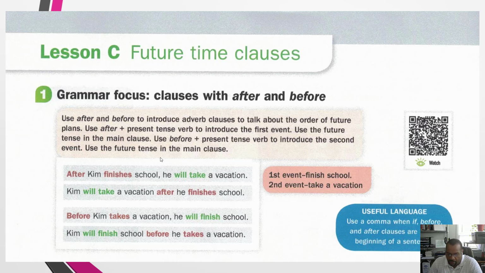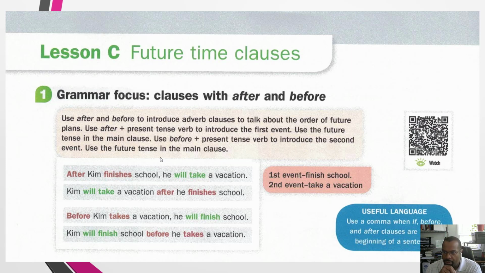All right, we've looked at a bunch of them, but this book wants us to focus on just after and before because we are using conditionals. All right, if and then, we will use after and before. Use after and before to introduce adverb clauses to talk about the order of future plans.